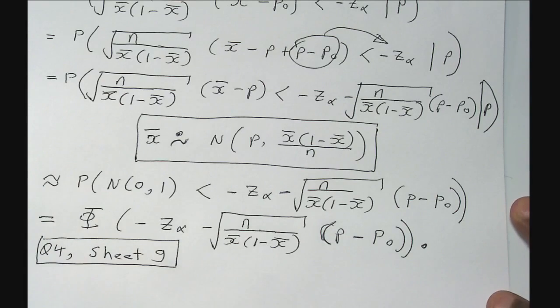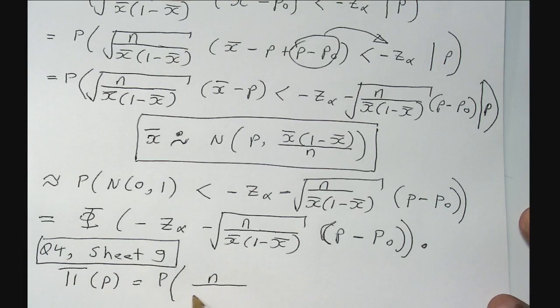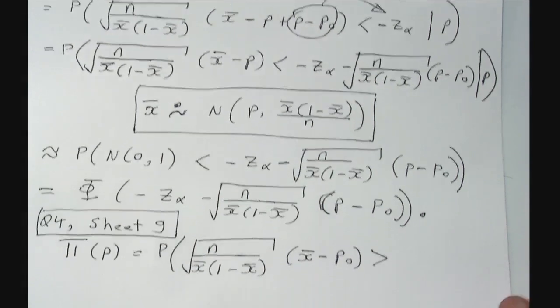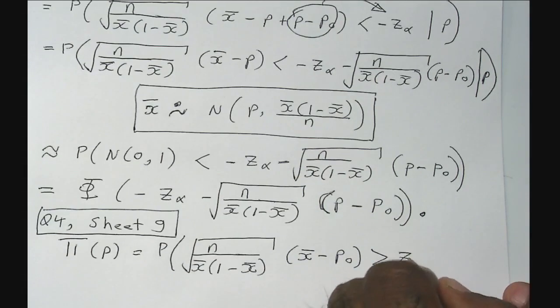The only difference is that the sign changes. So pi of p will be the probability that, instead of less than, you have greater than.